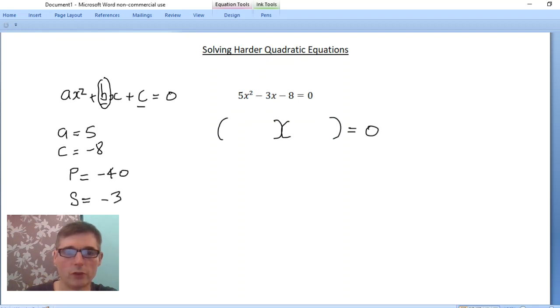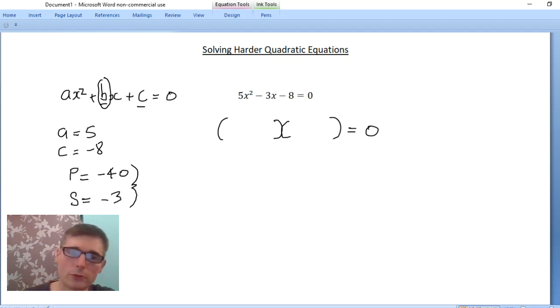What we're hoping to do is think of two numbers which have a product of -40 and a sum of -3. It can still take a bit of mental gymnastics to get these numbers, but this does make it a lot easier.